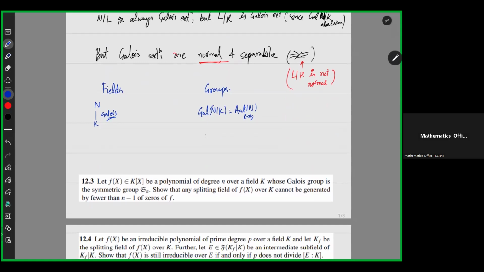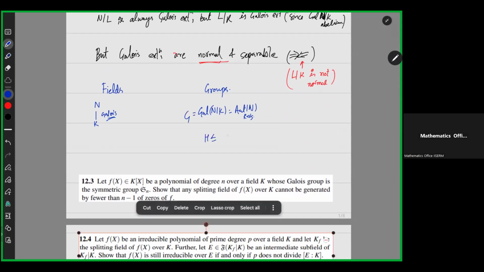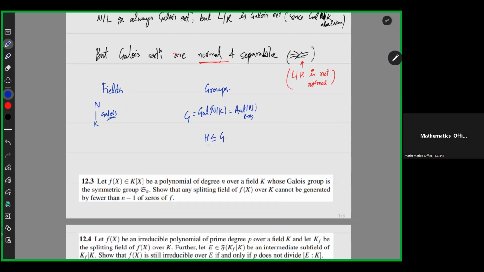For example, if H is a subgroup of G, then it goes to the fixed field of N fixed by H, which is a field between N and K. And any intermediary field F in the middle, we know that N over F is Galois, so we send it to Gal(N over F), which is a subgroup of Gal(N over K).